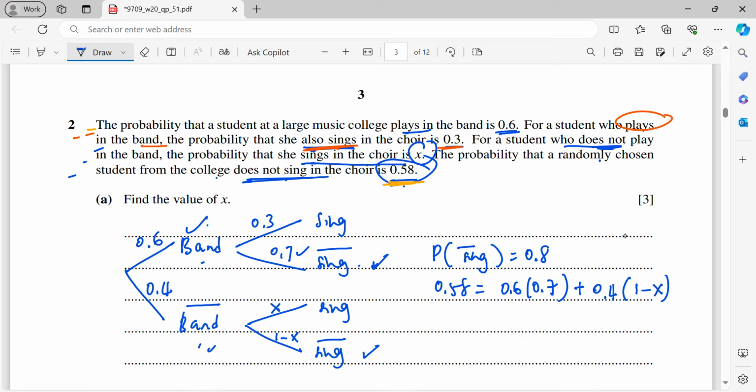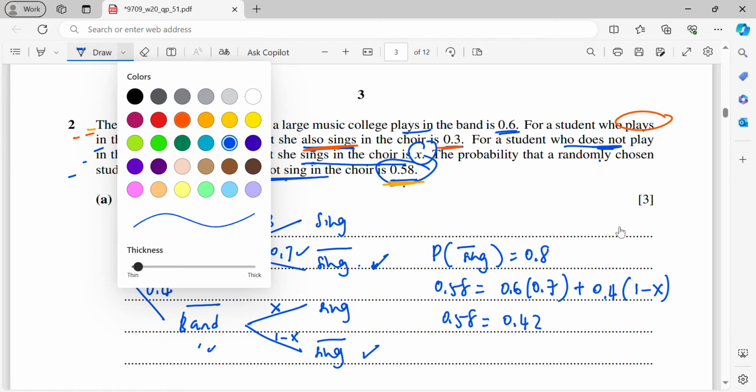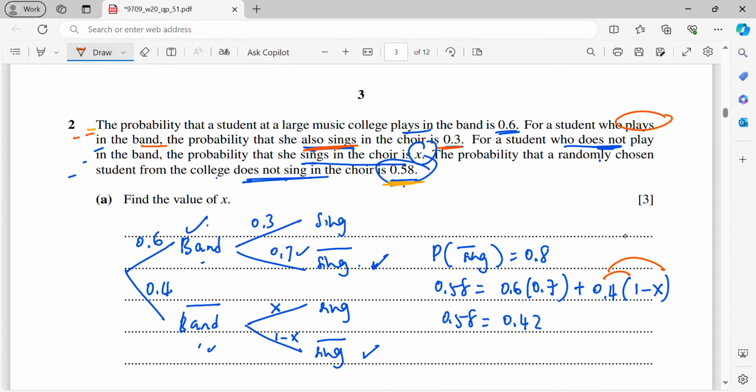So from here you just calculate the left side, 0.58, 0.6 times 0.7, that is 0.42. Then for the next bracket, just do expansion. That will be 0.4 minus 0.4x. Then from here, now basically I can just move my negative 0.4x to the left side, and this 0.58 move to the other side.